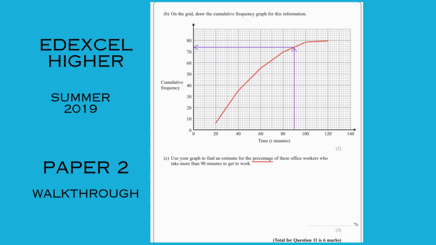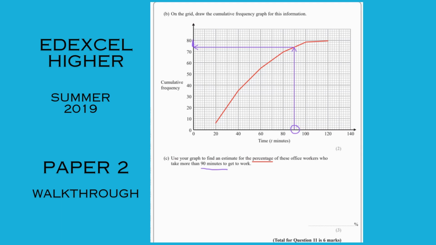Now part C, I've underlined it in red. It does say percentage of office workers, not number of office workers, although you do need the number of office workers. So more than 90 minutes, there's 90. Go up to your line and along. As you can see, I have 3 squares above, each little square being 2 people.